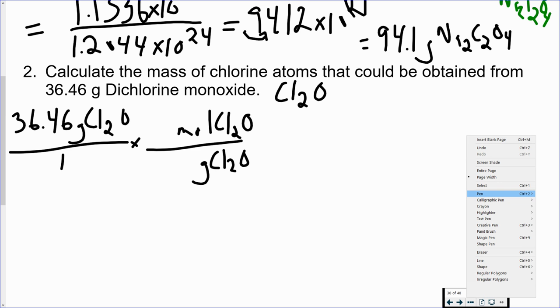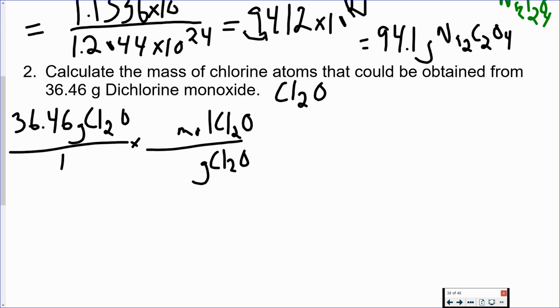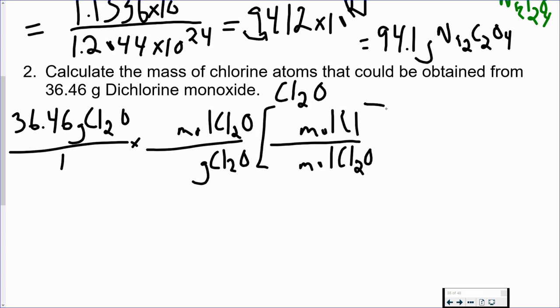Now we're going to be into that molar ratio. That's new. So we're going to have mole of just Cl. And since it's atoms, there is no charge. Put over mole Cl2O. And then finally, it asks for the mass.